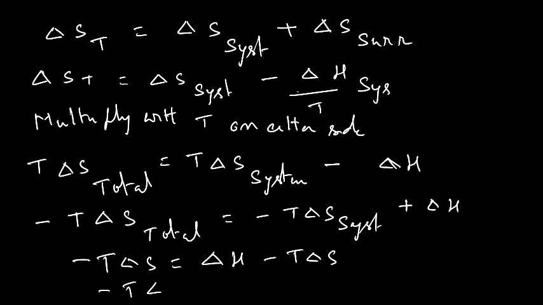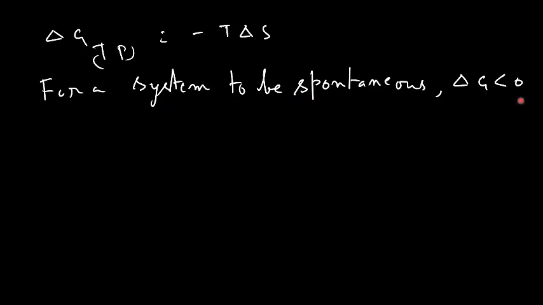This is nothing but delta G at T and P, that is, Gibbs energy at constant temperature and constant pressure. Therefore, delta G at T and P is equal to minus T delta S total. This is a negative value. Thus, for a system to be spontaneous, delta G must be negative.